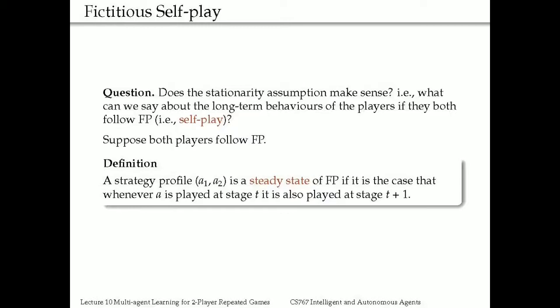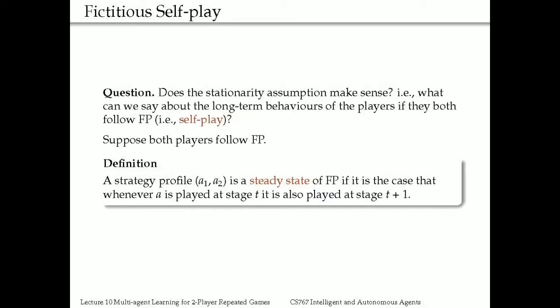A strategy profile A1, A2 is a steady state of FP if it is the case that whenever A is played at stage T, it is also played at stage T plus 1. So once we have A1, A2, then we're always going to see A1, A2 forever, right? This is what we mean by a steady state.